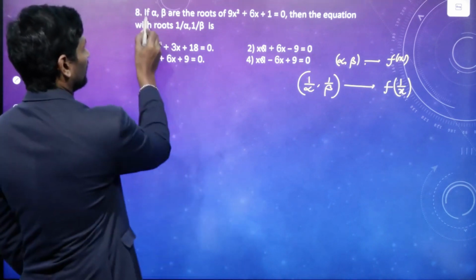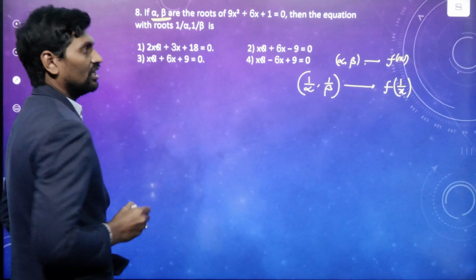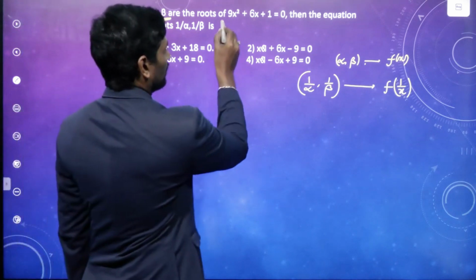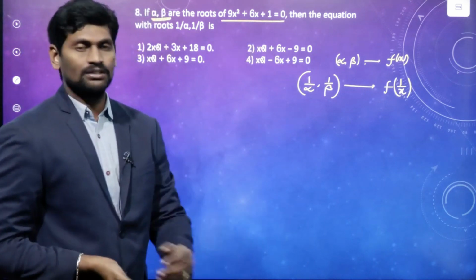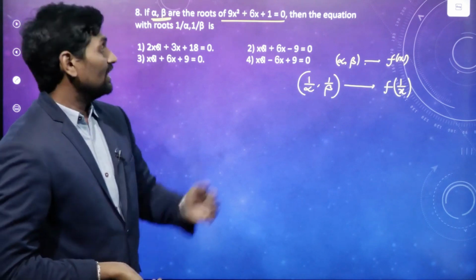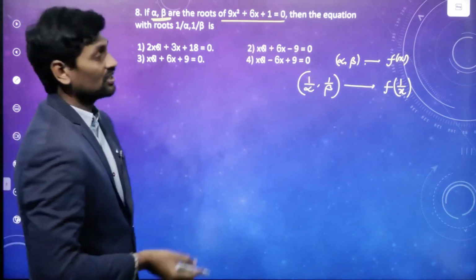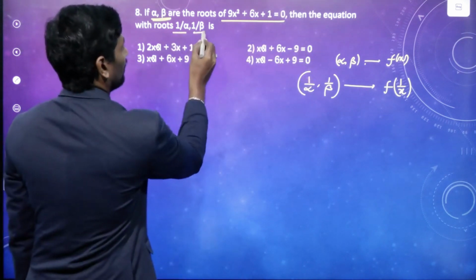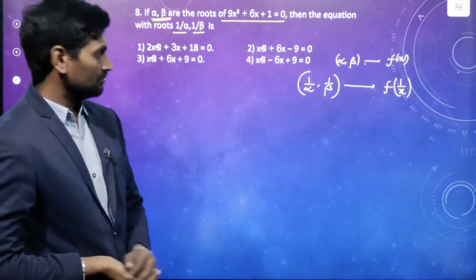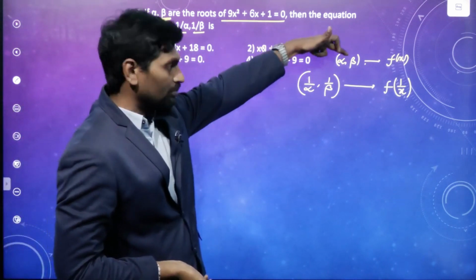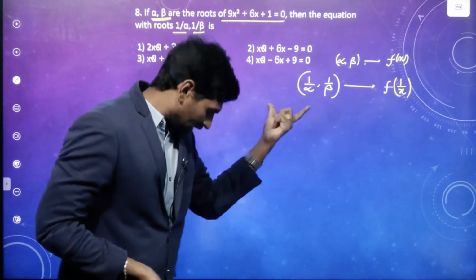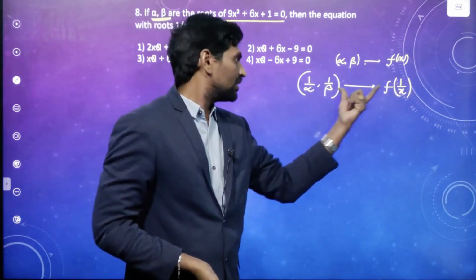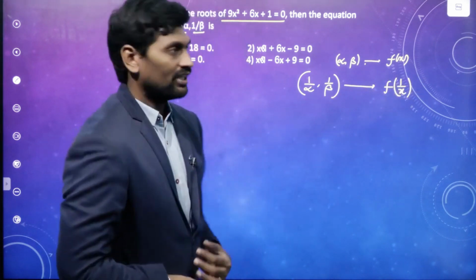See the given question. If alpha, beta are roots of the quadratic equation 9x square plus 6x plus 1 equal to 0, then find the equation with roots 1 by alpha, 1 by beta. By using this, alpha, beta are roots of f of x, then 1 by alpha, 1 by beta are roots of f of 1 by x.